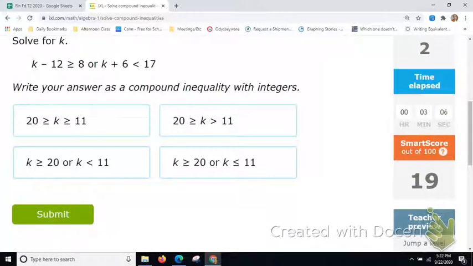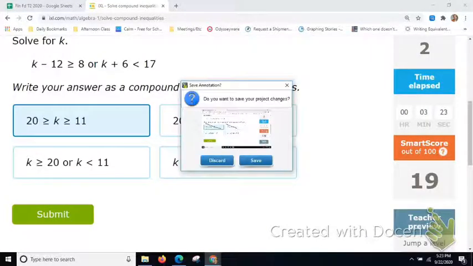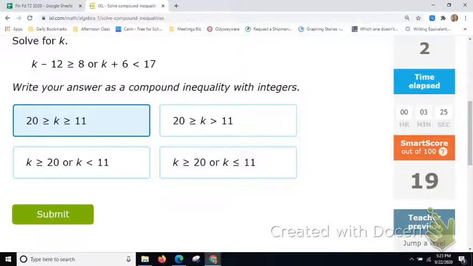So this has "or". An "or" cannot magically become an in-between. So this and this, no way. Then if I look at my symbols, they have to stay the same. And so if we look at that, I see it's an "or". I see this has a line underneath, this one doesn't. It has to be that one.